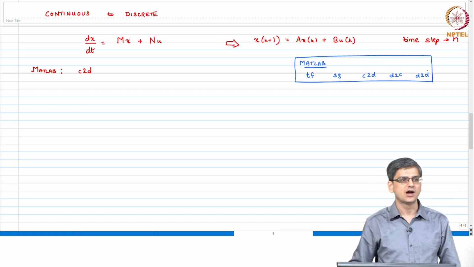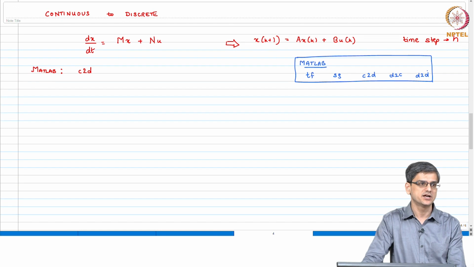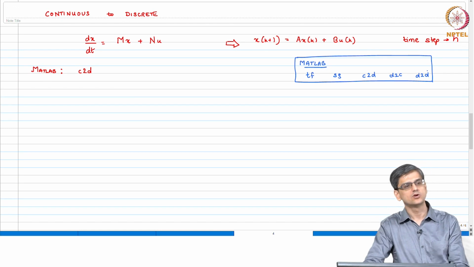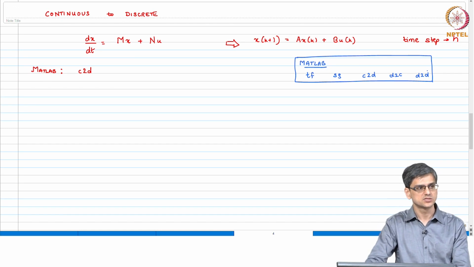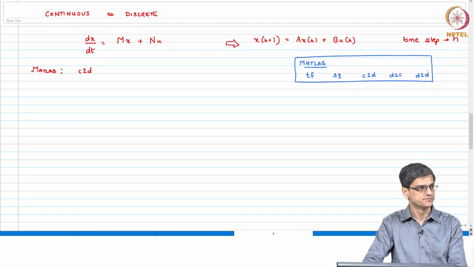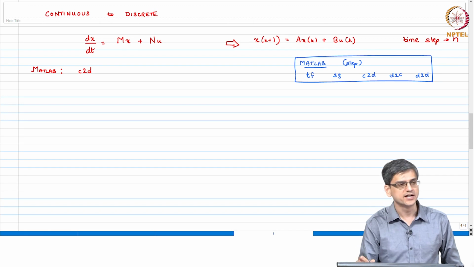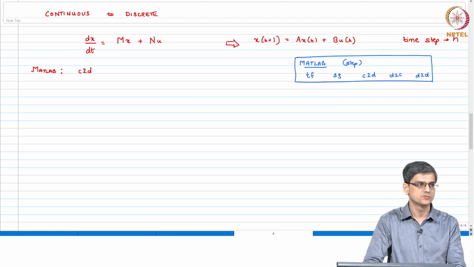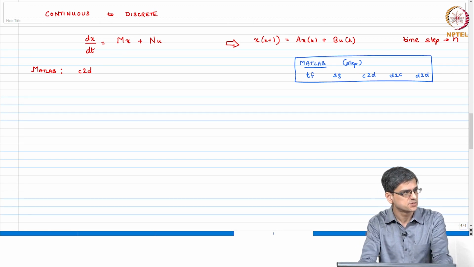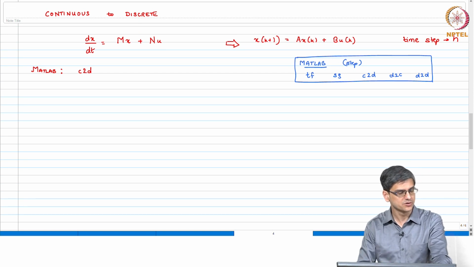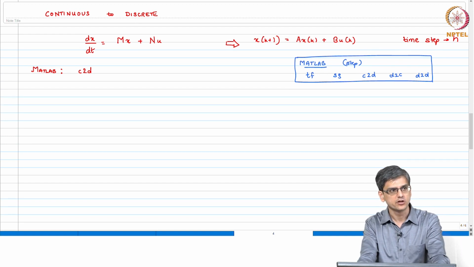So, let us say you had a discrete time model that sampled at every 1 time unit and you want to sample it at every 2 time units, then you will use D2D. You will use step in order to get step response coefficients, and once you get the step response coefficients, put them in the correct form in order to get your step response matrix for your model.